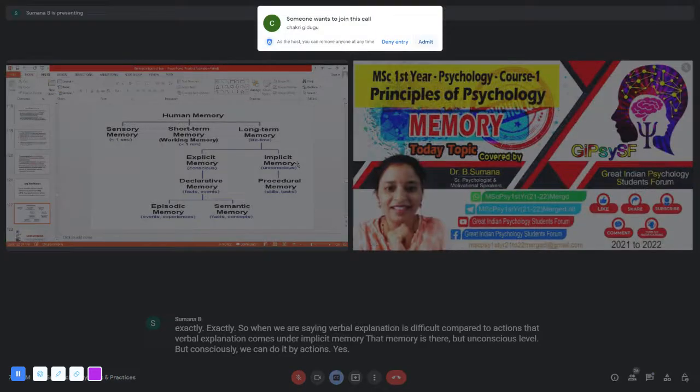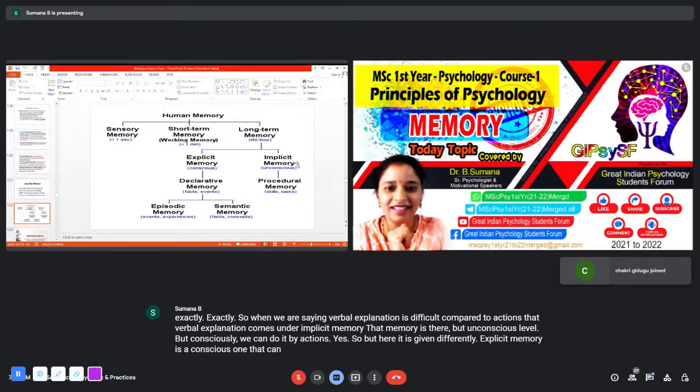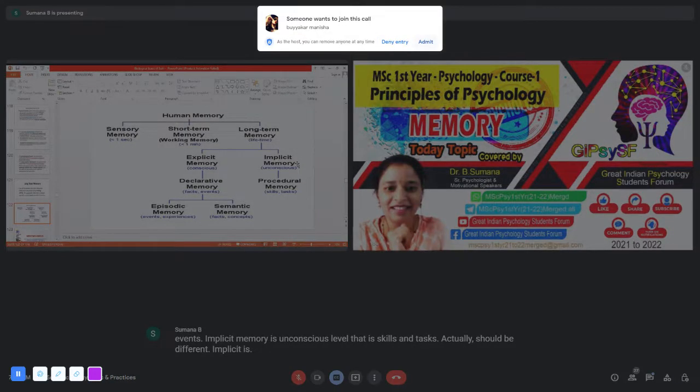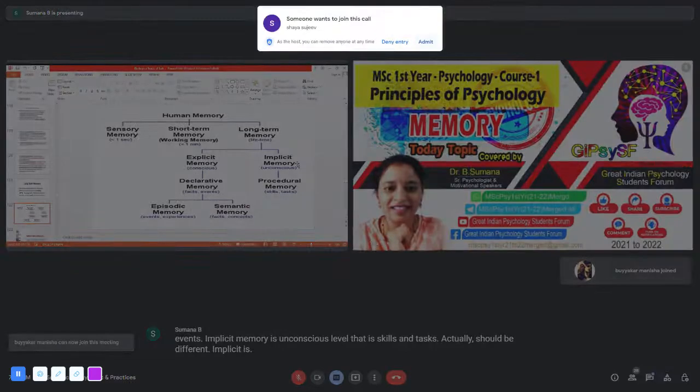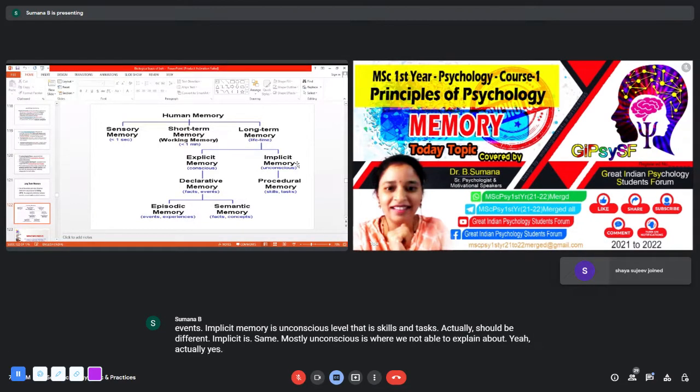But here it is given differently. Explicit memory is a conscious one that can be in the form of facts and events. Implicit memory is at the unconscious level, that is skills and tasks. Actually, it should be different. Implicit is mostly unconscious, where we are not able to explain it.